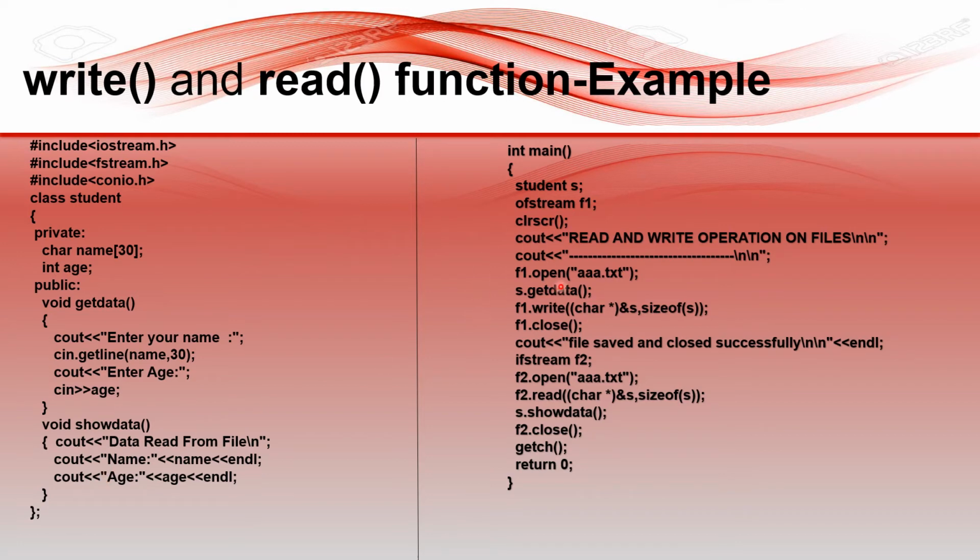In the main program, I'm creating an object for the class student, and an object F1 is created of the output stream class.